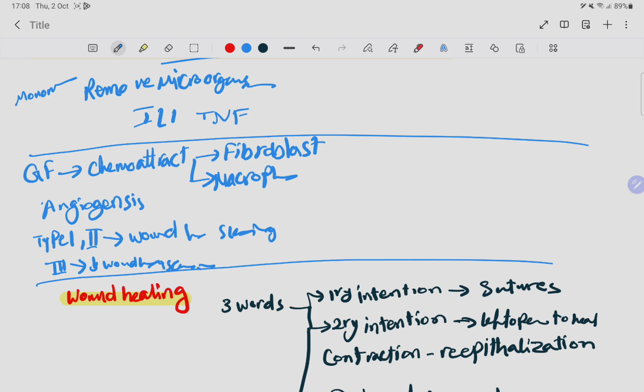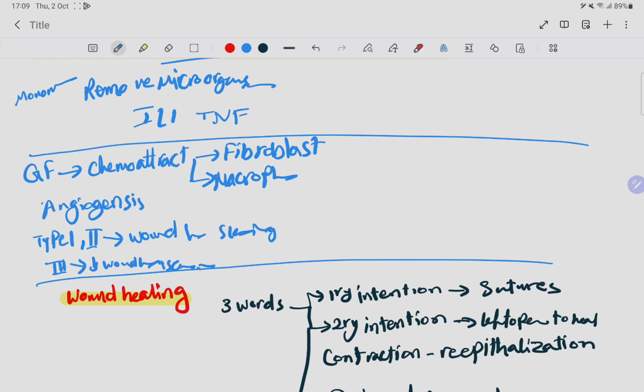In the future, it may have a role as an anti-scarring agent. So we love type 3, and we try to use type 3 in the anti-scar reagent.